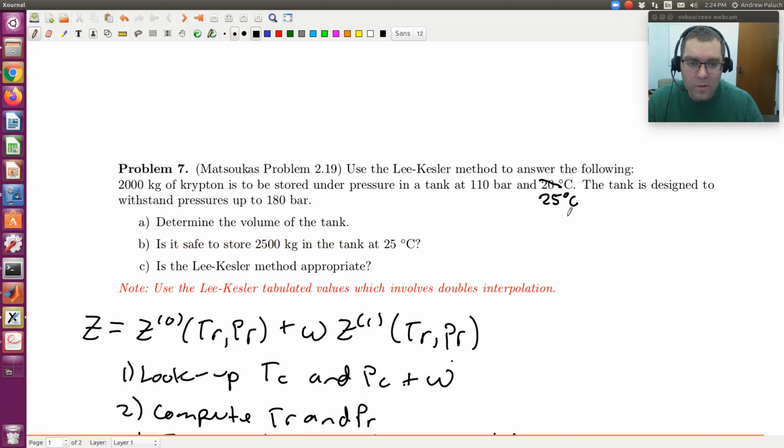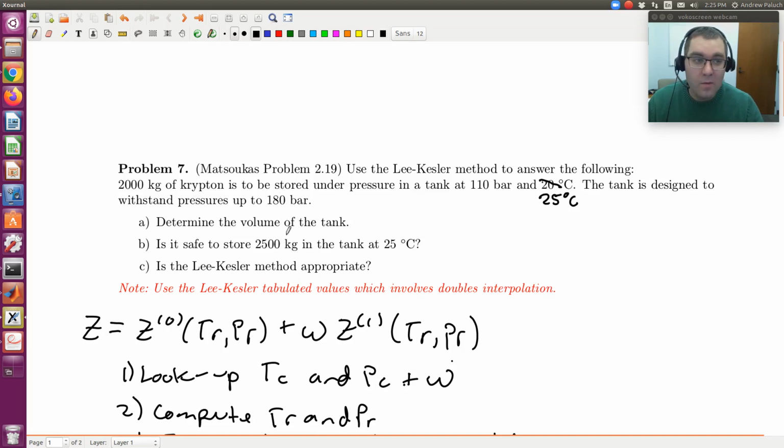Okay, so we'll assume we still have the same temperature, but now we're going to have this new pressure. The strategy is, now at 25 degrees C, I know the maximum withstandable pressure is 180 bars. So with those two values, assuming the total volume is the same as in A, I want to calculate the number of moles, or the mass of krypton that could be stored in this tank at that maximum pressure, then see if that maximum it can hold is greater than what I desire.